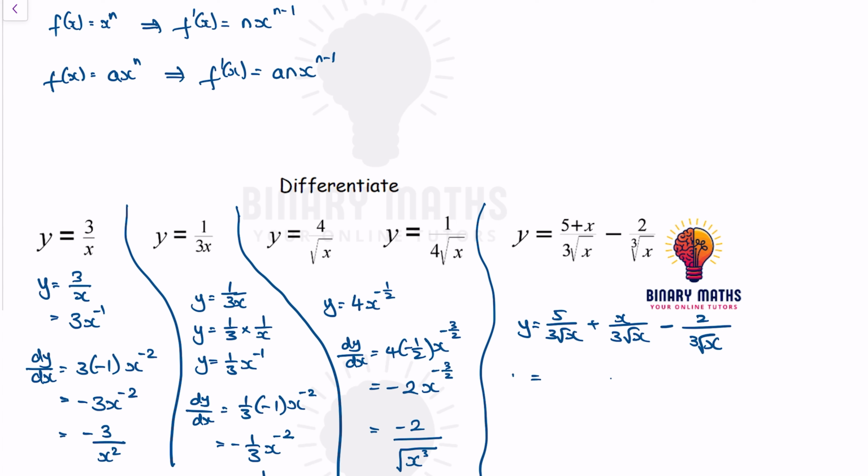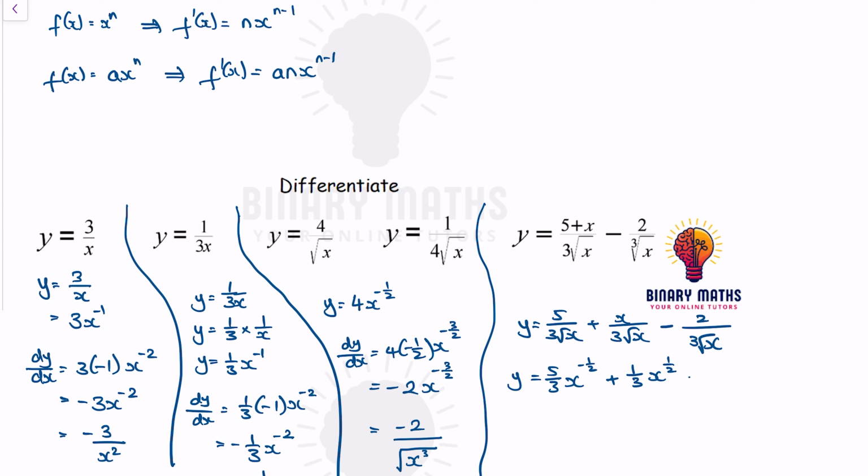Okay, so I need to write everything in index form. So the first term is 5 over 3 x to the power of negative a half. The second term is x over root x, which will just give me root x at the top. So that means it becomes a third, because 3 is in the denominator, x to the power of a half.